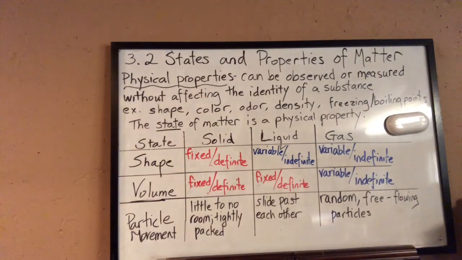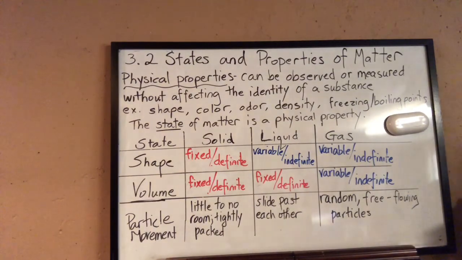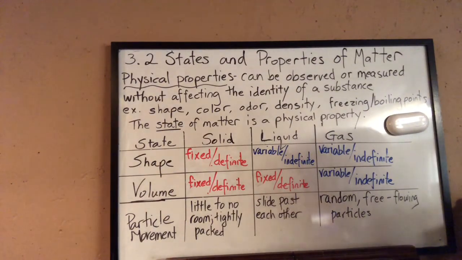So it has a fixed or definite volume. Liquids have a variable or indefinite shape, but a fixed, definite volume, because the particles that make up the liquid can slide past one another. They have a little bit more room to move as opposed to a solid, where it's very rigid.